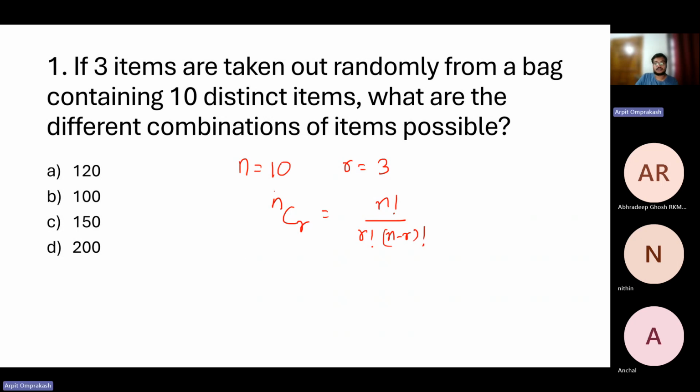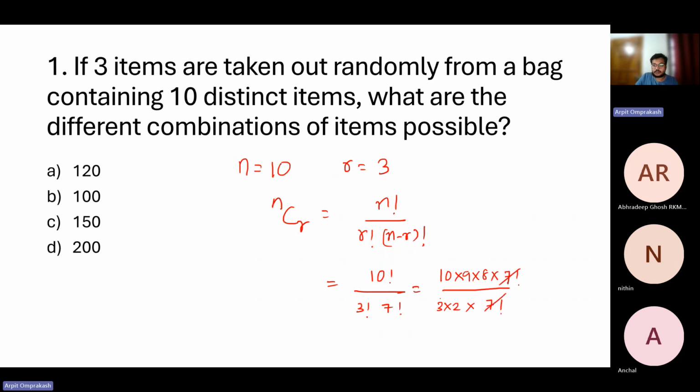In our case, n is 10 and r is 3. So we'll substitute those values. It's 10 factorial divided by 3 factorial into 10 minus 3, which is 7 factorial. If we expand this, it will be 10 into 9 into 8 into 7 factorial divided by 3 into 2 into 7 factorial.